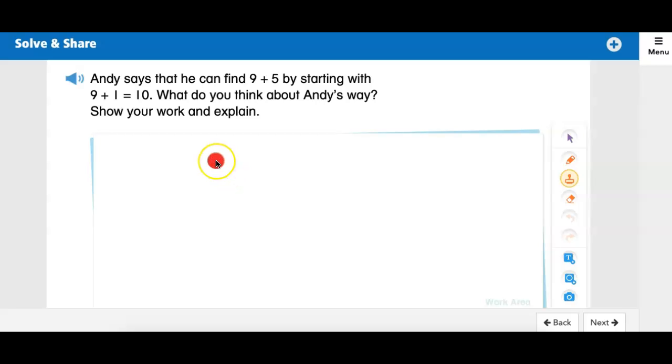So Andy says that he can find 9 plus 5 by starting with 9 plus 1 equals 10. Well, let's see. So if I take my counters, I'm going to start with 9. So I'm going to put 1, 2, 3, 4, 5, 6, 7, 8, 9. And then I'm going to use my yellow counters to show the plus 1.